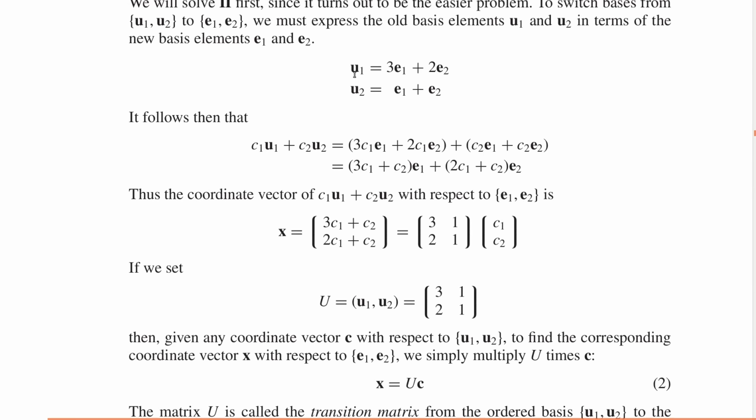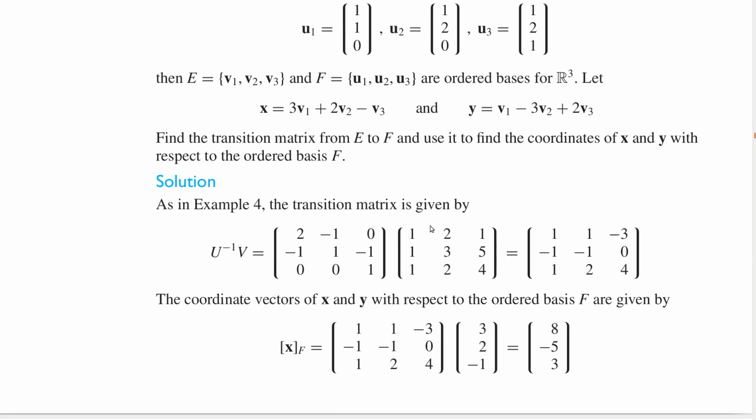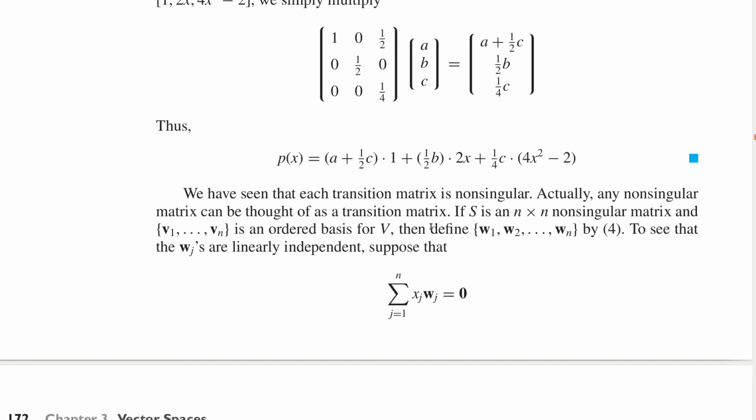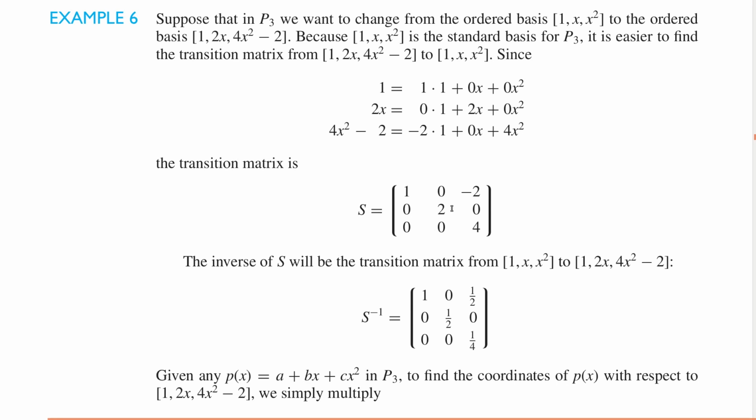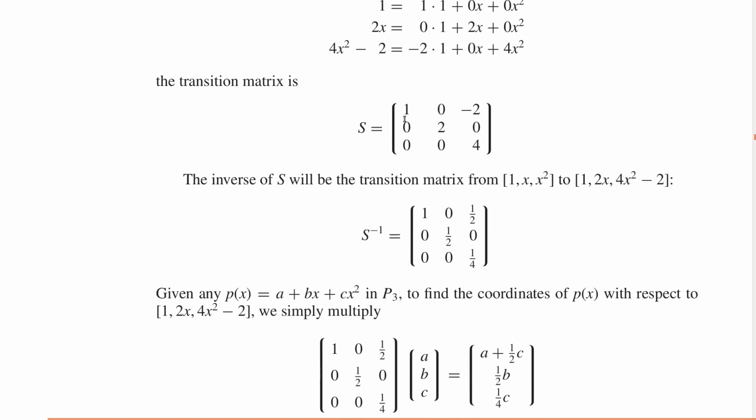So when we expressed U1 and U2 as 3E1 plus 2 and 1E1 and 1, we just put 3, 2 in the first column and 1, 1 in the second column to find the transition matrix. And that idea holds true for this one as well. So these are the columns, and now that you have a 3 by 3 matrix, you can find its inverse.